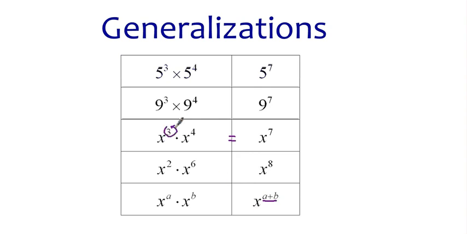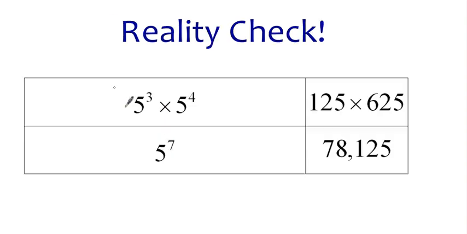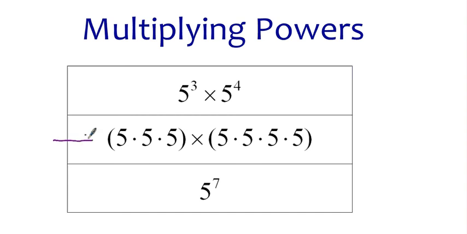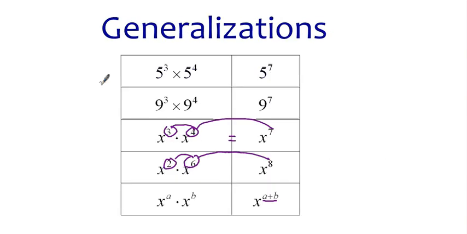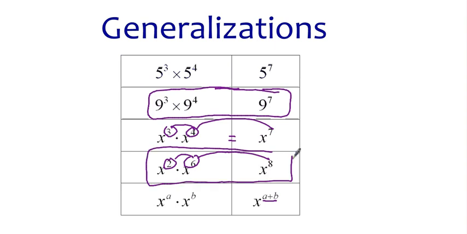Notice the pattern there, 3 plus 4 equals 7, and 2 plus 6 equals 8. And if you link it back to the example where we actually wrote things out, you can see that that actually makes a lot of sense. In fact, for practice, you could try writing out this example and this one. Give it a go.